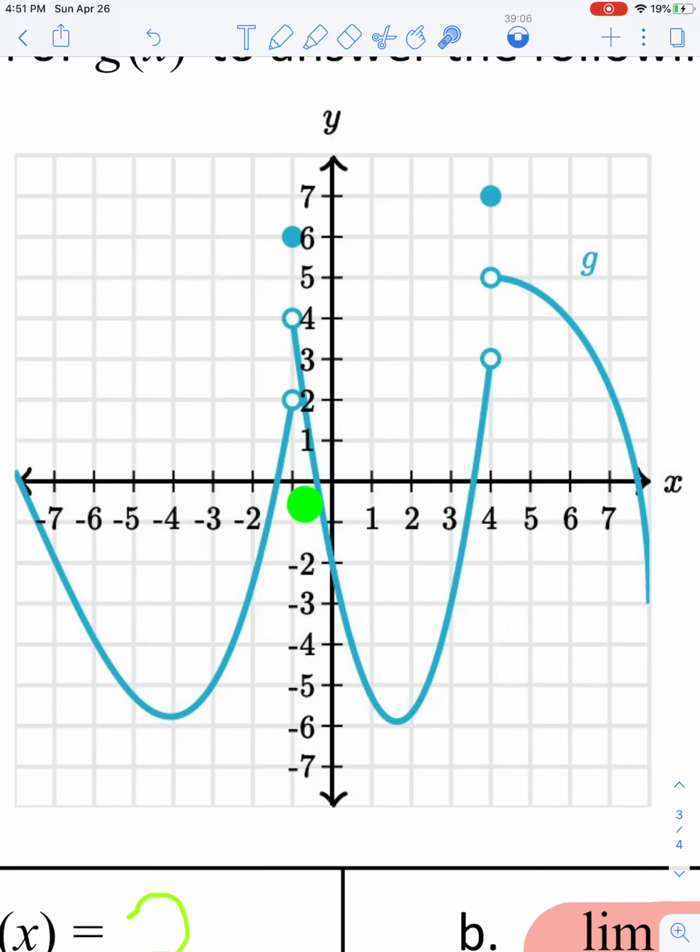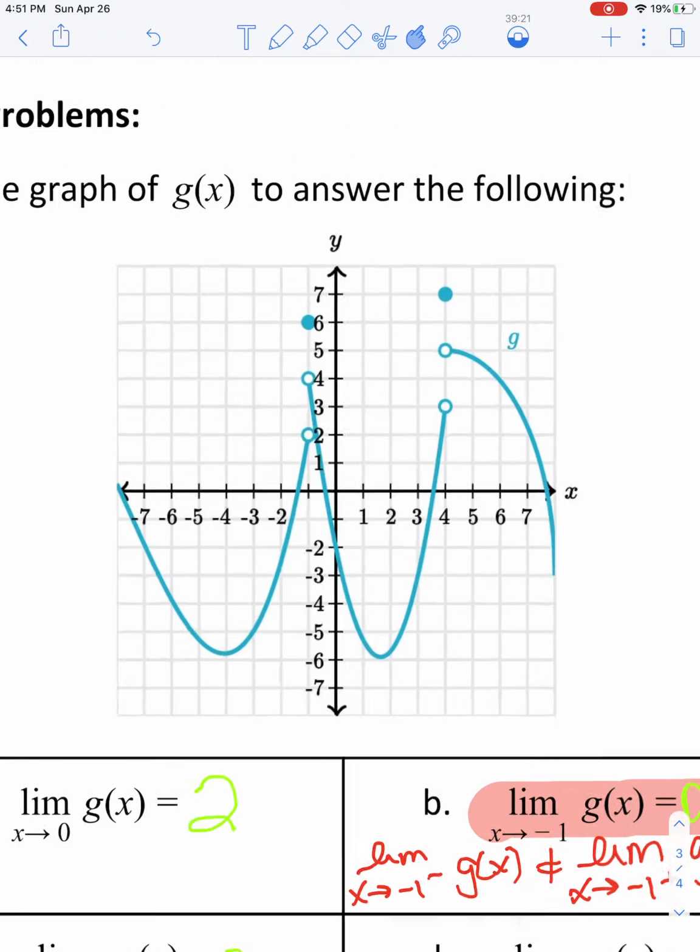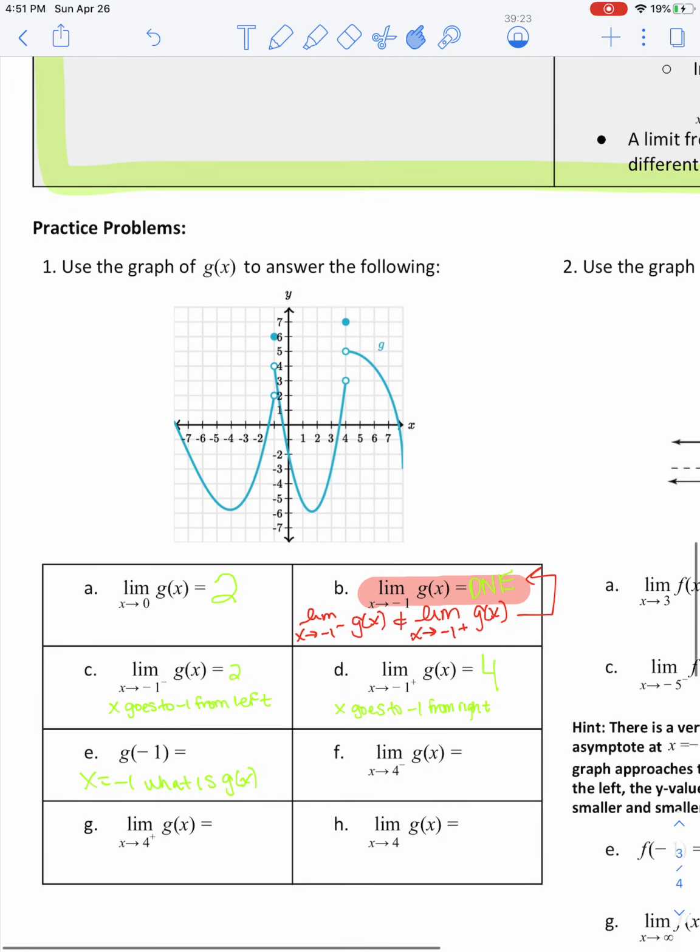We see the x value of -1. Notice if we go up here, we have a hole. We go up further, we still have a hole. We don't have definition of our function until that value of 6. So what that lets us say is that g of -1 is +6.